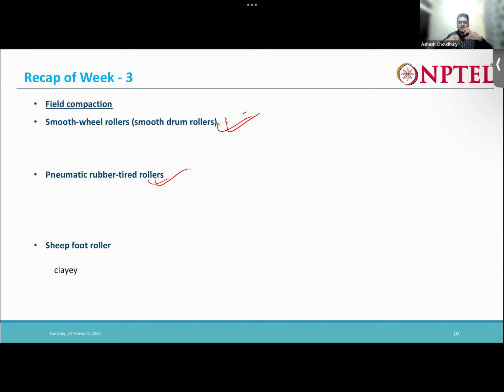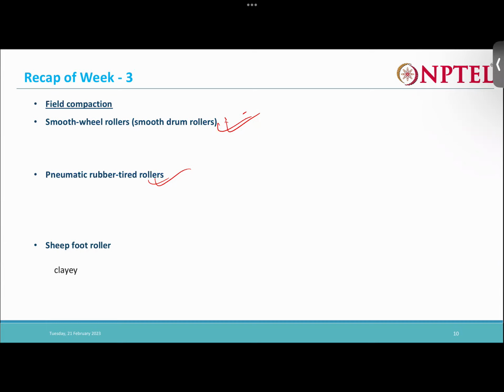If you want to imagine it, we need flour, atta or maida, we put some water and make the dough. That process is called kneading. So these rollers provide a kneading action, and due to this the compaction achieved is far more superior than with smooth wheel rollers.